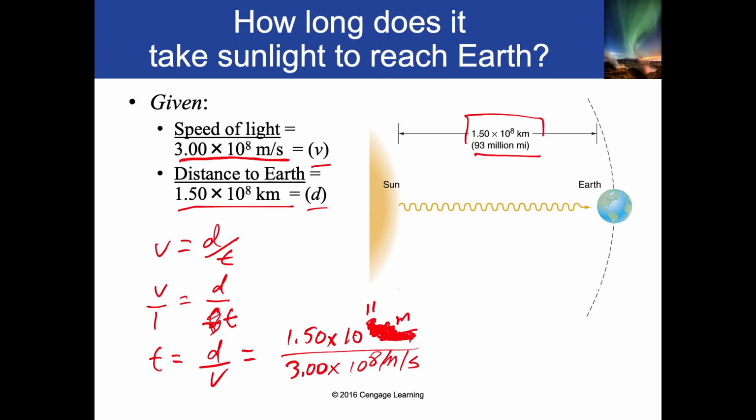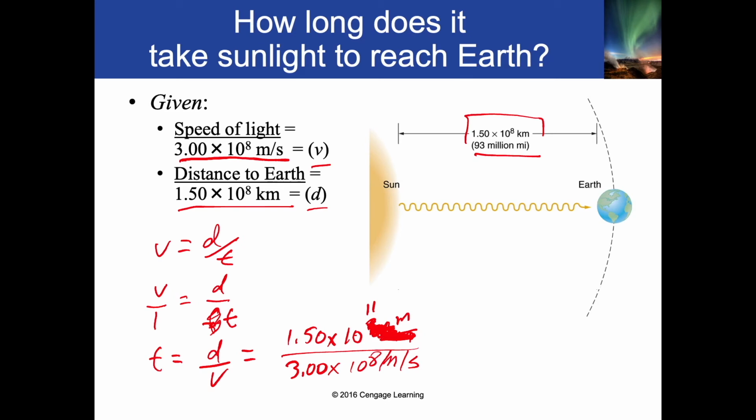Forgot to convert it. Which is easy, right, to just convert this to meters. Why? Because you're going from kilometers to meters, right? So all you have to do is move the decimal point how many places? 3 places. And if you're doing scientific notation, moving the decimal point 3 places means what? Adding 3 to the exponent, right?